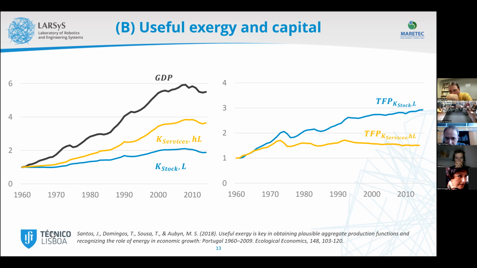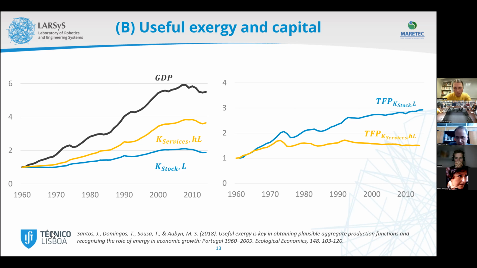And from then on, the yellow line is stagnant, no increase in total factor productivity, okay? And looking at the left-hand side, there's still a big gap between the yellow and the black line. So there's still a lot of unexplained economic growth.